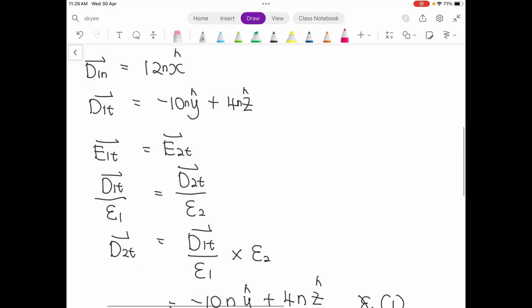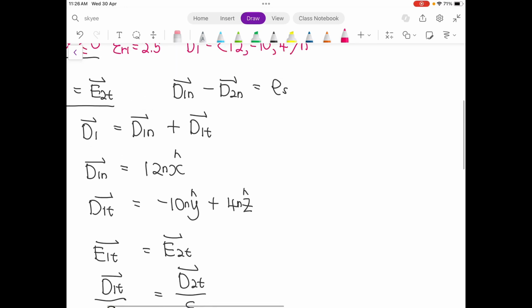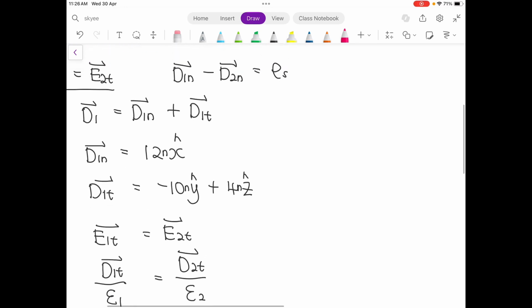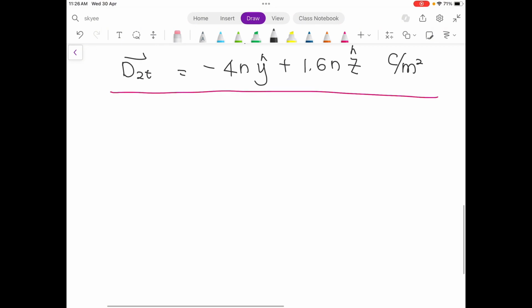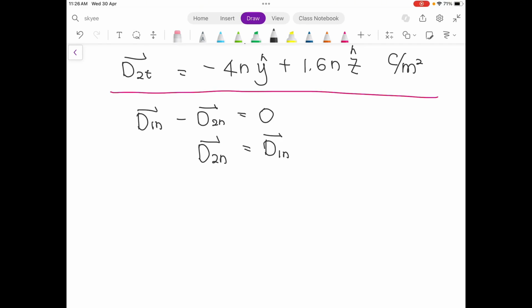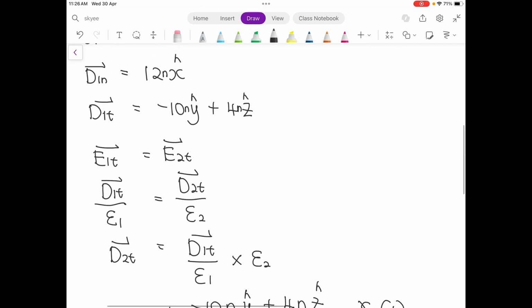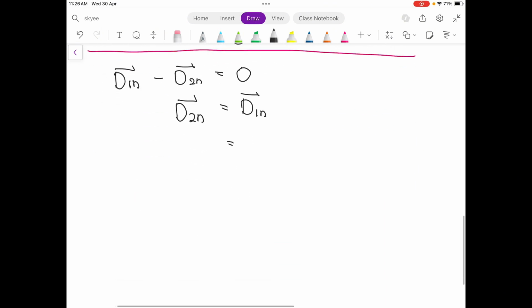Now I'm going to move on to this one. D1n minus D2n is equal to the surface charge density. In this question, we don't have a surface charge density, so it is equal to 0. So D2n is equal to D1n, and D1n here is 12 nano x.